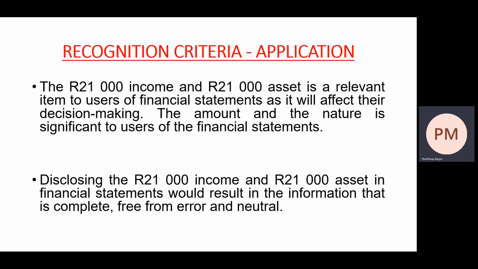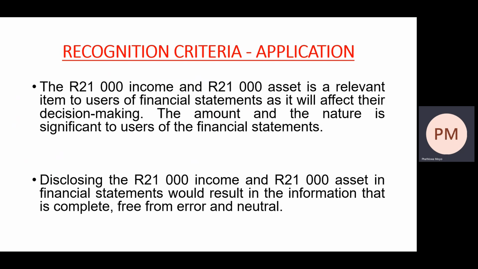Jenny is the owner, even the shareholders in the business, if it's a company, they would want to know the complete figure in terms of the income earned in the 2023 financial year, and also they would want a true reflection of assets, guys. So this is relevant information. And even though the money is not received, the recognition of that income speaks to completeness and the statements being free from error, because the error that could have been made is an error of omission.